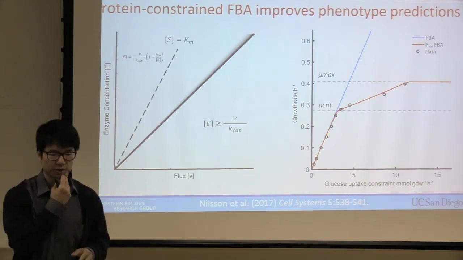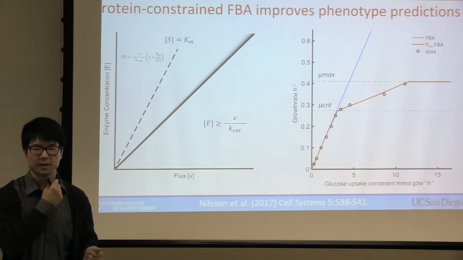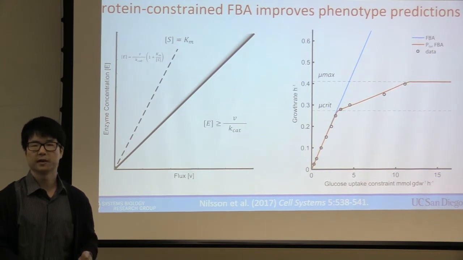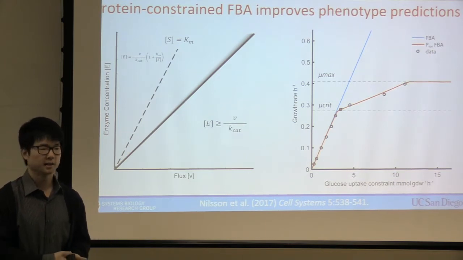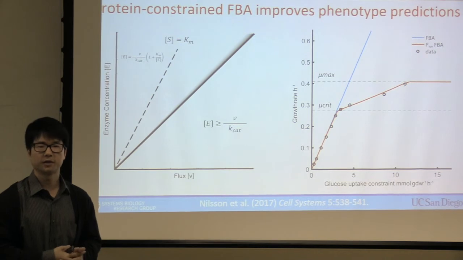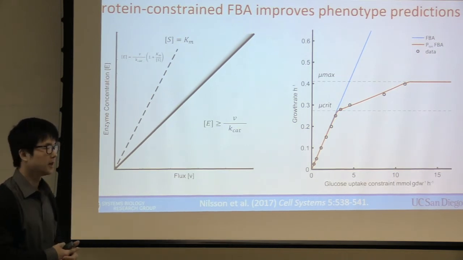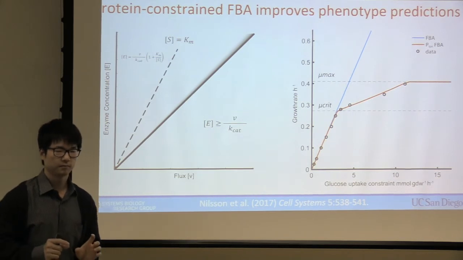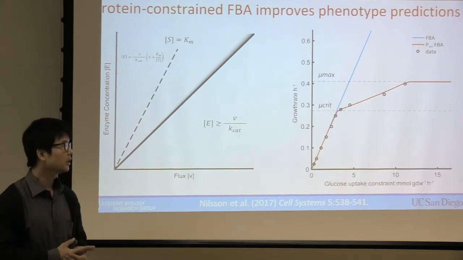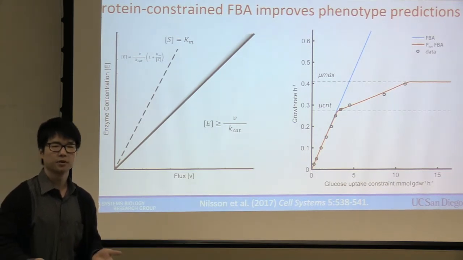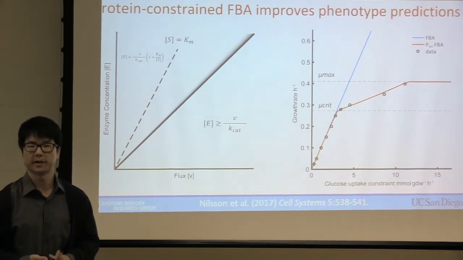Without these constraints, what you probably have to do in your assignments is limit the lower bound or the total uptake on, say, your limiting carbon source like glucose. You have to set it to some arbitrary value of -10 or -20 for acetate. Those values actually come from experimental data. But if you were to provide double the glucose, you would see essentially a doubling of the growth rate.